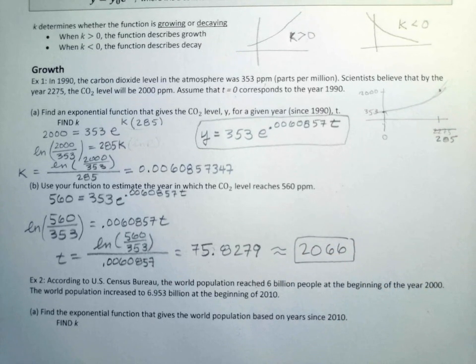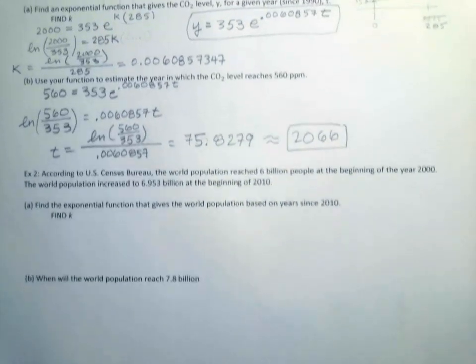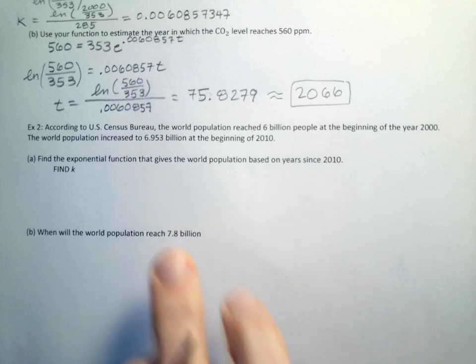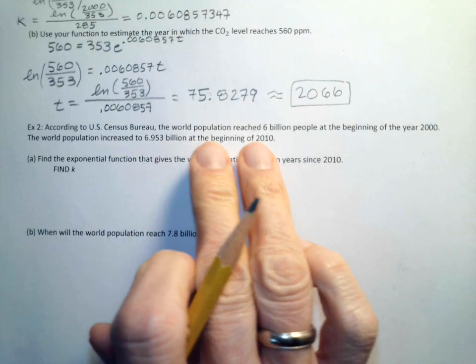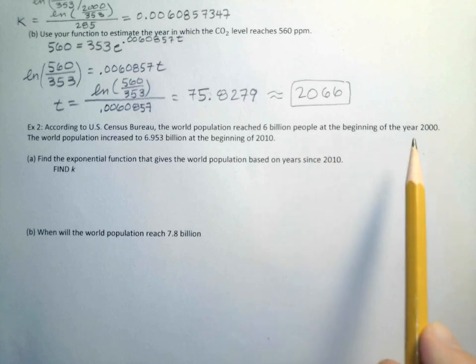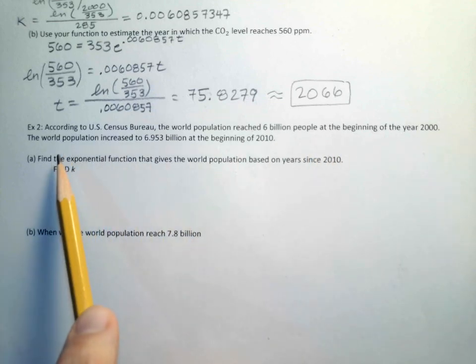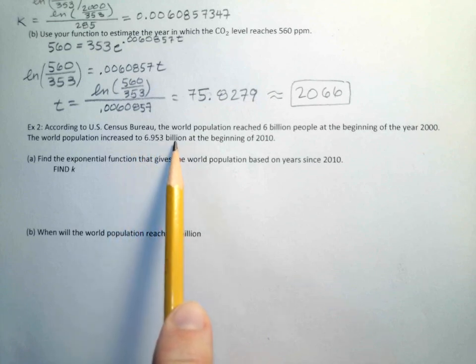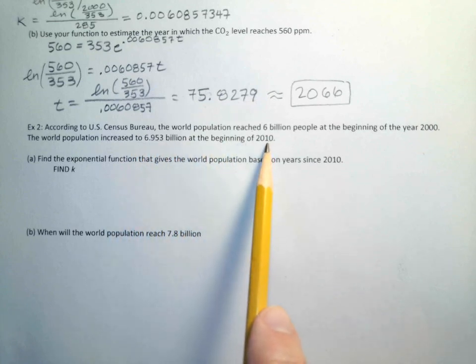Okay. All right, let's try an example number 2. According to the U.S. Census Bureau, the world population reached 6 billion people at the beginning of the year 2000. The world population increased to 6.953 billion at the beginning of 2010.